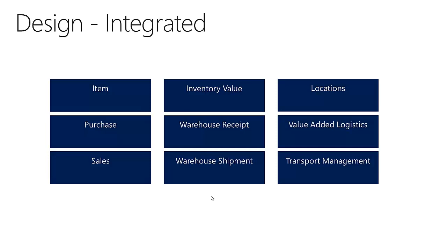We would have to create an engine that calculates storage invoicing, and if our customer wants to do value-added logistics and transport management, we will find out that these modules don't even exist.